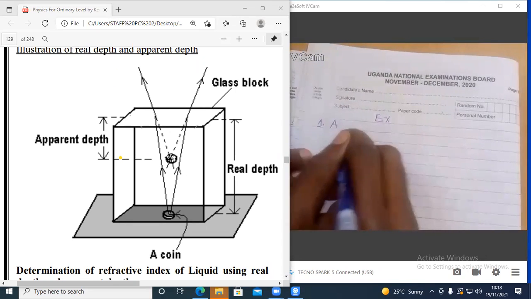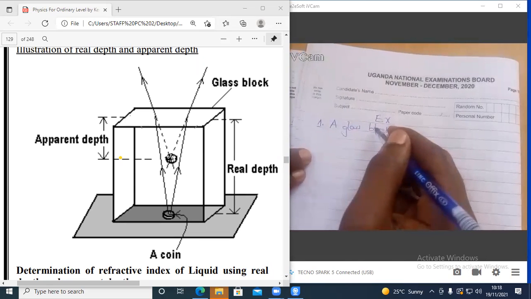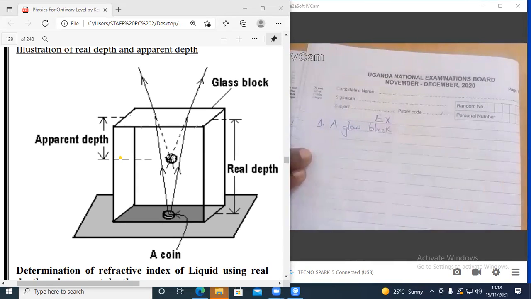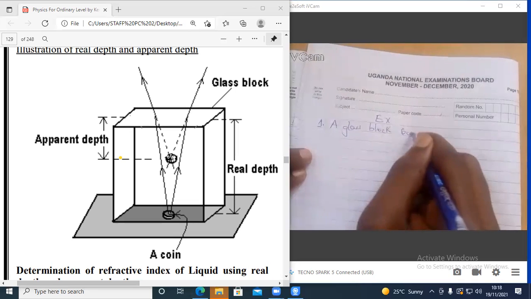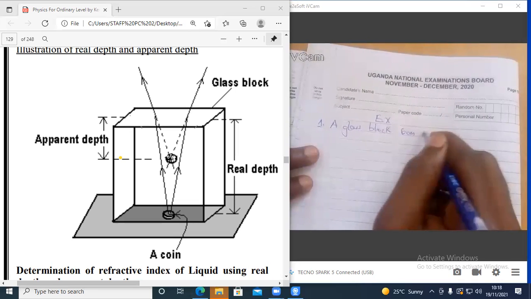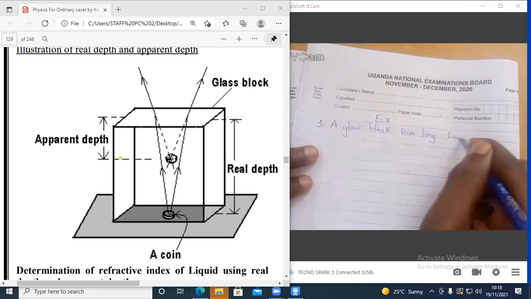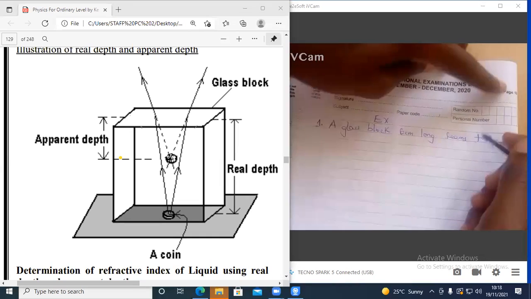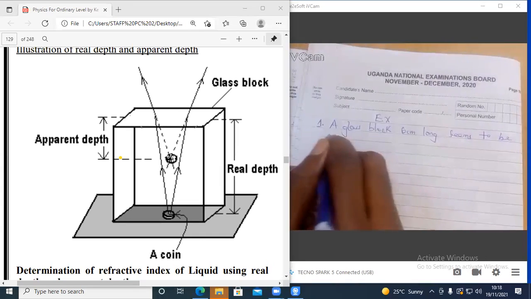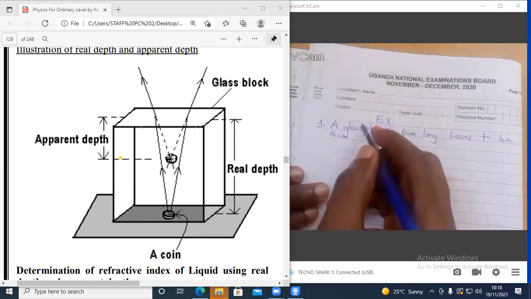So they're saying a glass block 6 centimeter long seems to be 4 centimeter.